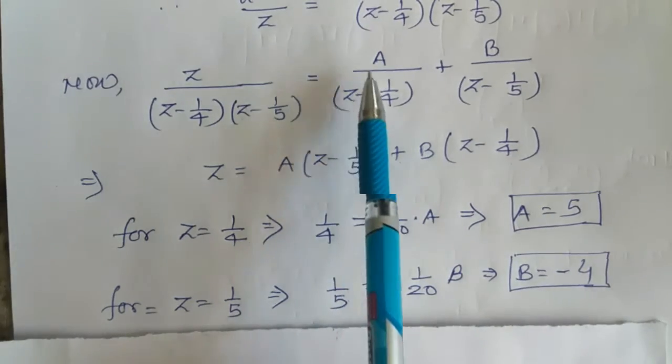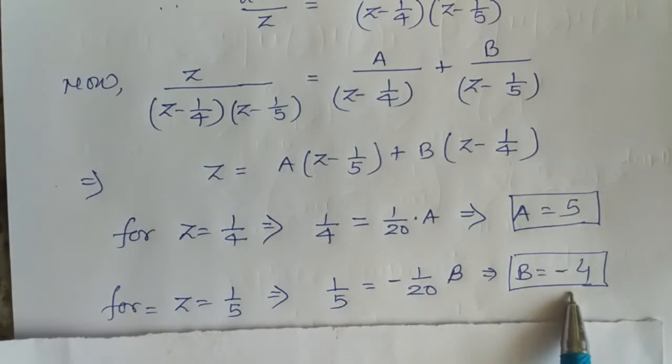So we get the values of constants A and B: A is 5 and B is minus 4.